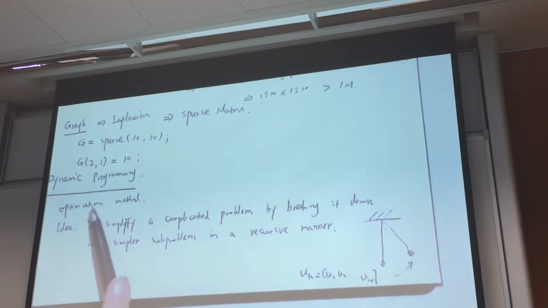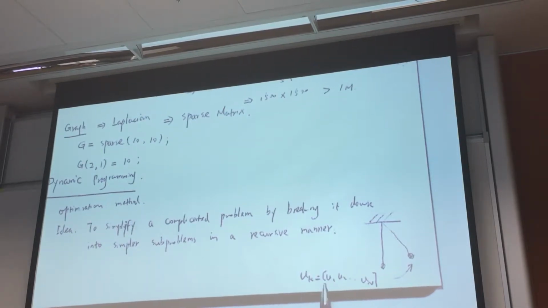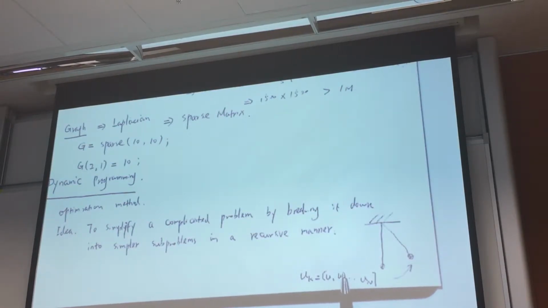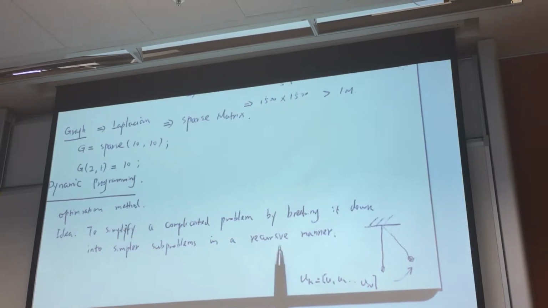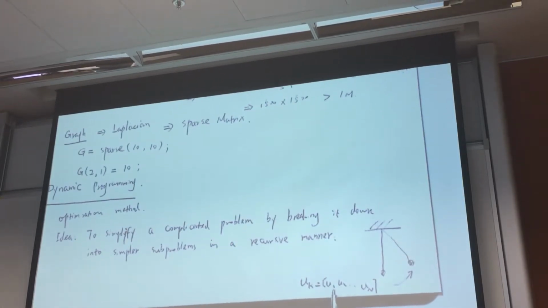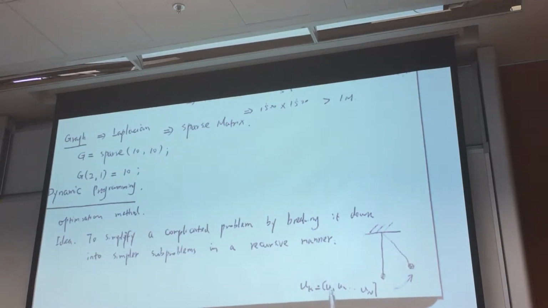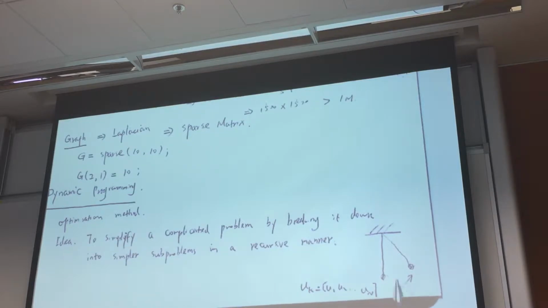But the idea of the dynamic programming is to do this recursively. That means you do this one by one. In each iteration, you only have one control input. For example, at the start, you can only calculate U1. When you are at the next position, you only calculate U2. So in a recursive manner.